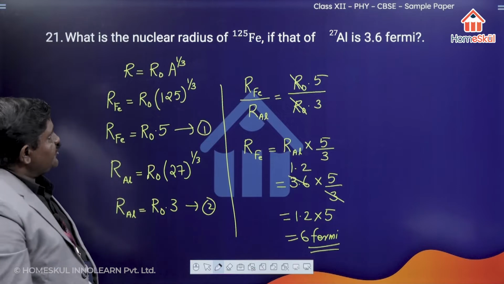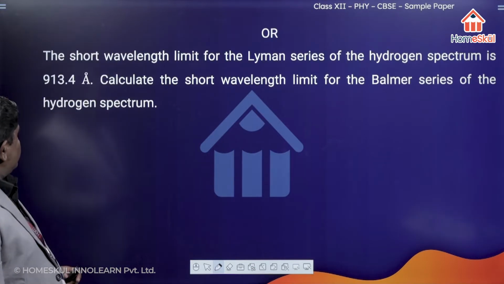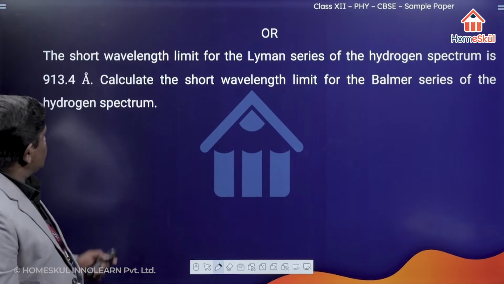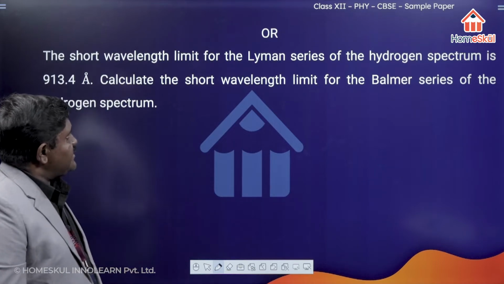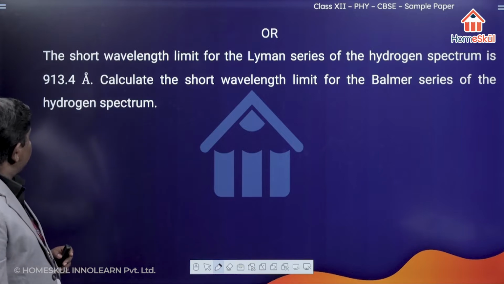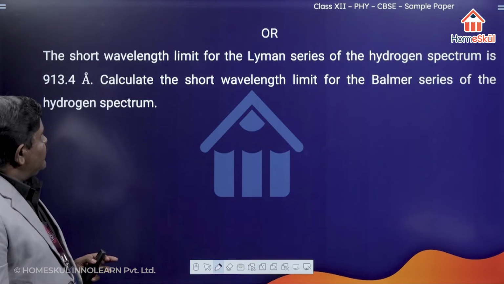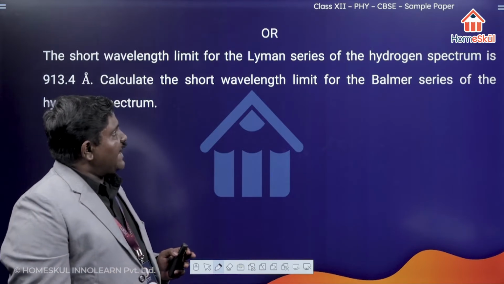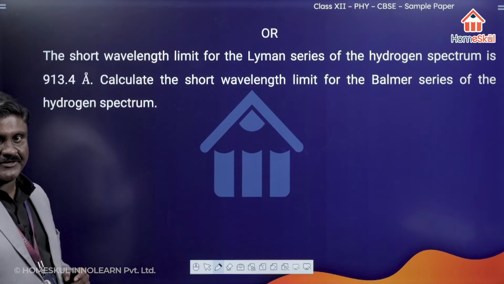Clear? The next question: the short wavelength limit for the Lyman series of the hydrogen spectrum is 913.4 angstrom. Calculate the short wavelength limit for the Balmer series of the hydrogen spectrum.